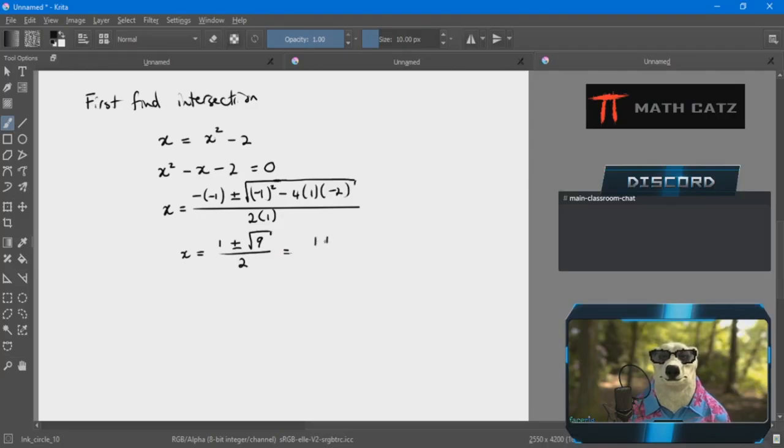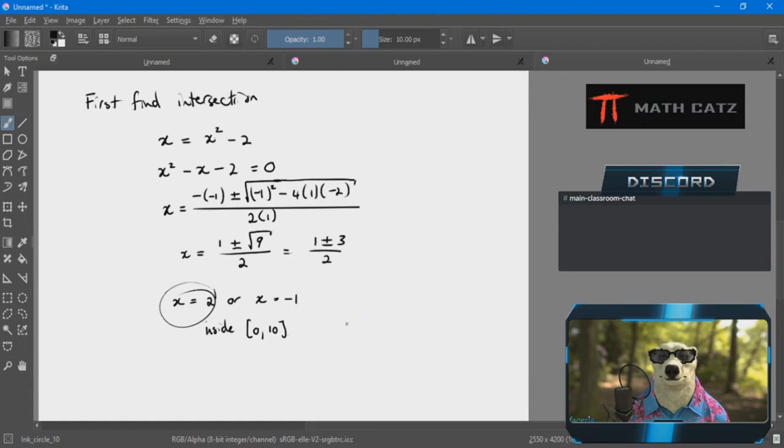So that means it's 1 plus or minus 3 over 2, which means I have x with plus, let's say, which is 2, or x with minus. Oh, this is very convenient. I'm surprised, I just randomly made this up. 1 minus 3 is negative 2, so negative 1. So this guy is inside the interval that is given.